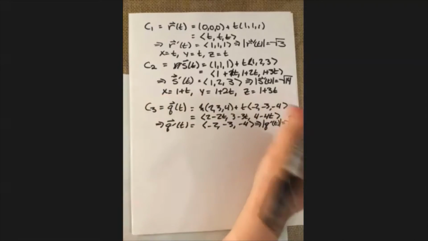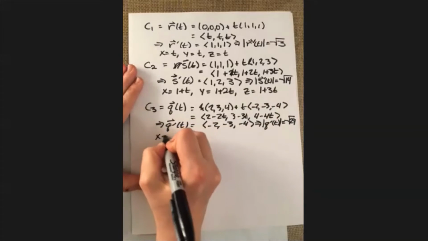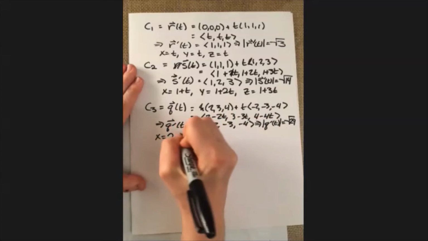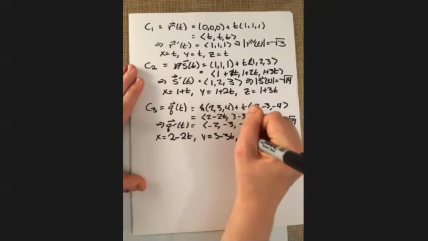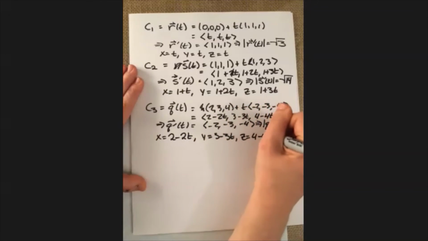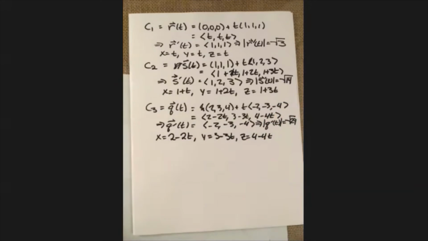And then finally, just so we can convert things over later, x has to be equal to the x component there, y is equal to 3 minus 3t, and z is equal to 4 minus 4t. All right. Oh, and one thing that I forgot to mention is that, as I said earlier, whenever we are parameterizing a line segment, t is going between 0 and 1.